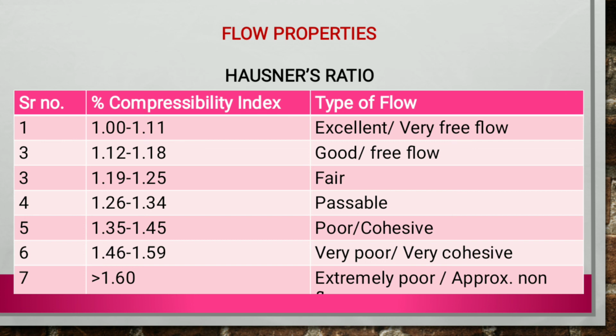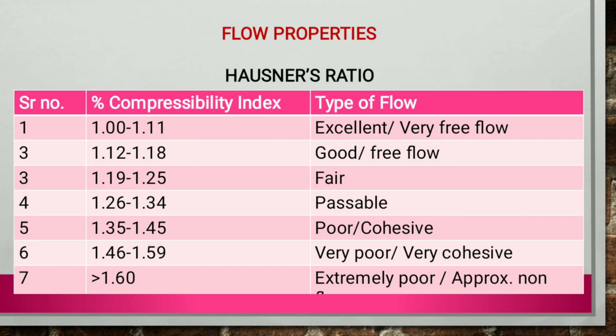Between 1.35 to 1.45, it offers a poor or cohesive flow. Between 1.46 to 1.59, it presents a very poor or very cohesive flow. And if it is above 1.60, then it offers an extremely poor or approximately non-flow property.